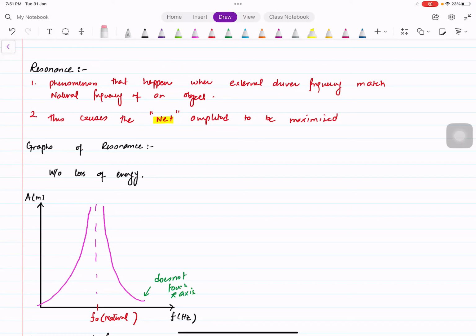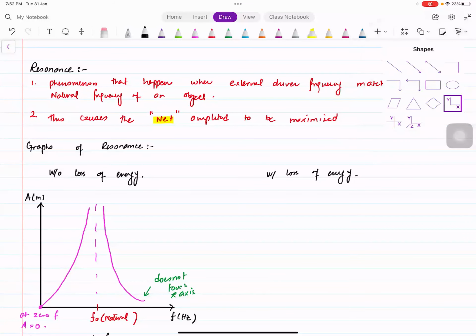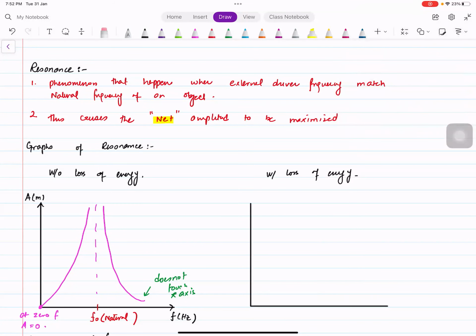But in reality, where there's some loss, so with loss of energy, if this is the natural frequency, this is the driver frequency, obviously in hertz, then where the natural frequency is, it will create a peak like this.